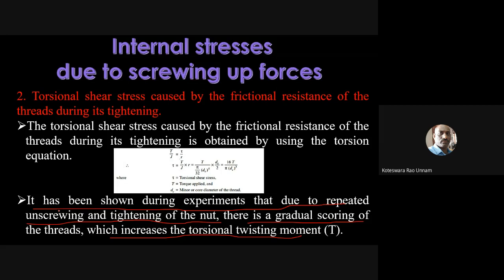If you keep tightening and untightening, the threads will gradually wear out. If they wear out, the frictional resistance will decrease, so the torque requirement for tightening will go on increasing. That means the magnitude of stress also goes on increasing.